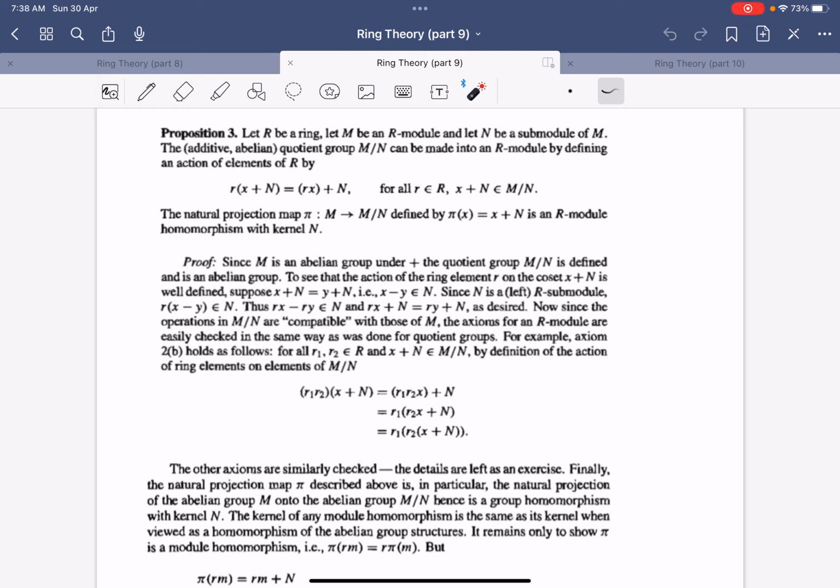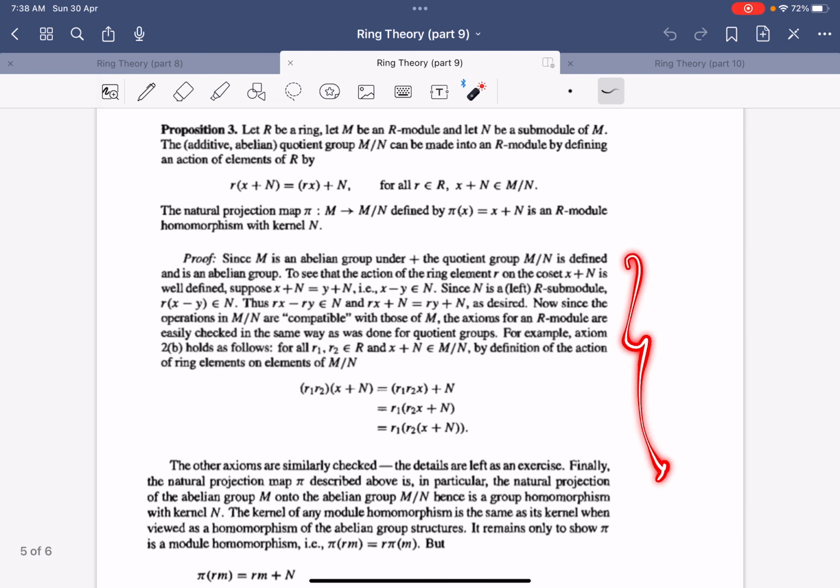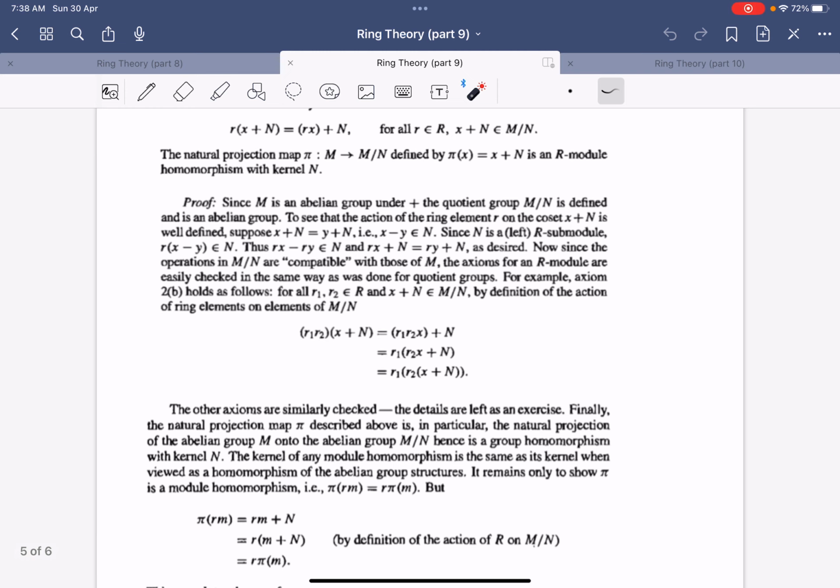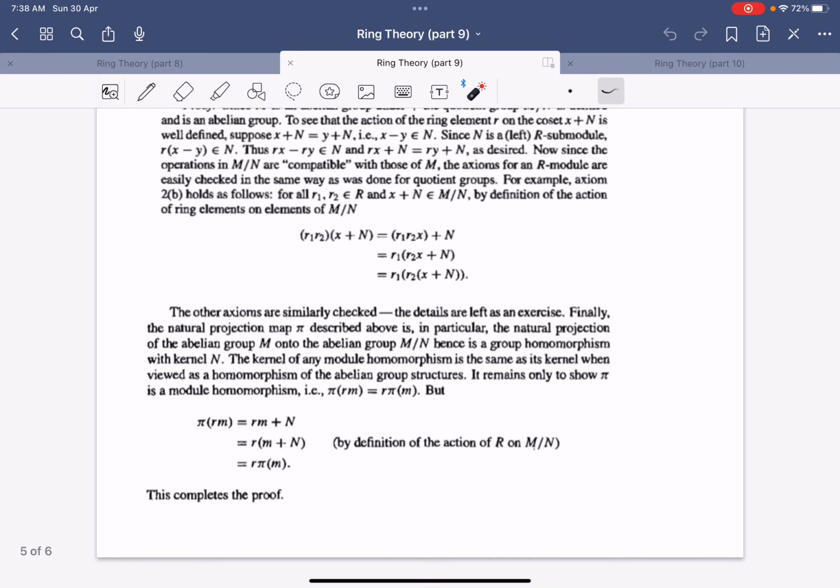To check that it is an R module, we just need to show the following steps. You can just check through the axioms and you'll be done.